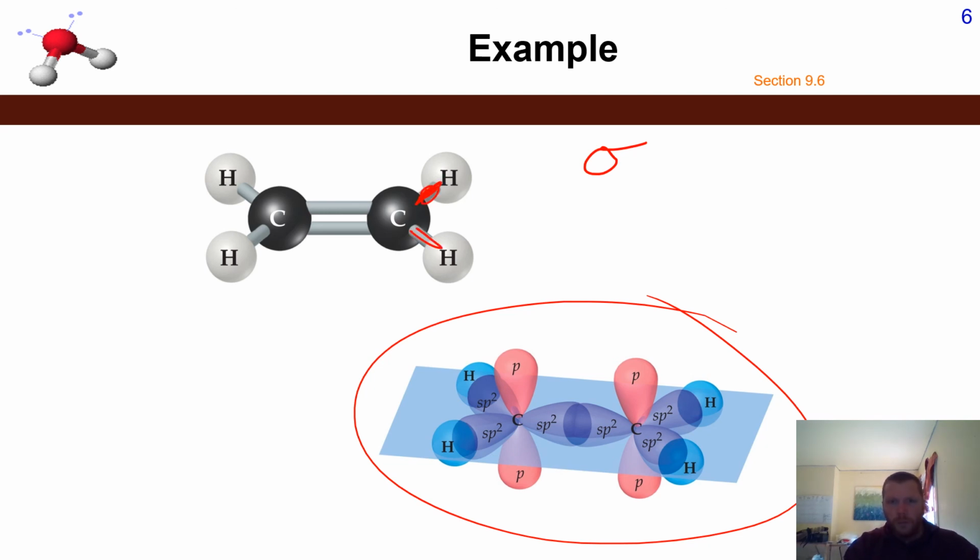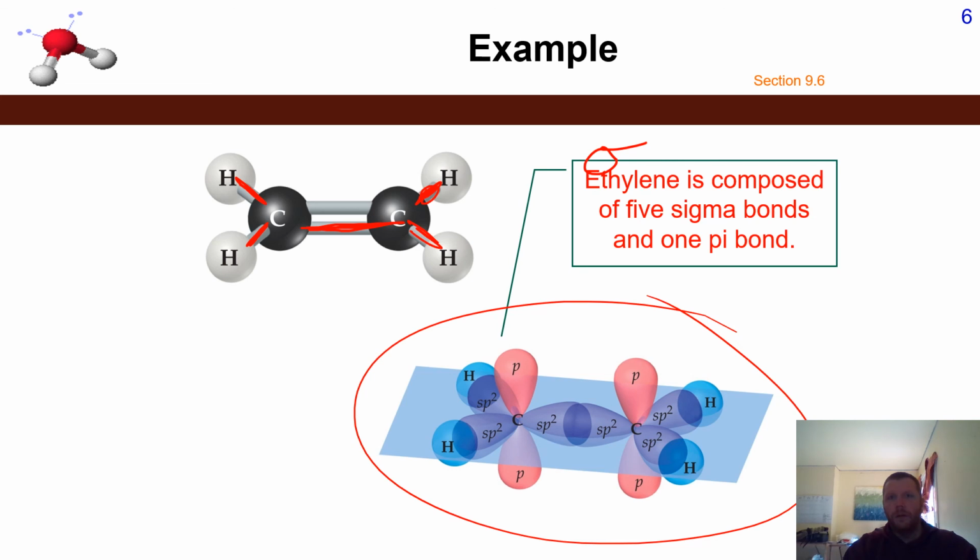There's 1, 2, 3, 4, 5. So there are bonds between the internuclear axis of carbon and hydrogen. There are a total of 5 sigma bonds. How many pi bonds? Well, are there any pi bonds between carbon and hydrogen? No, there are not. There is one between carbon and carbon.